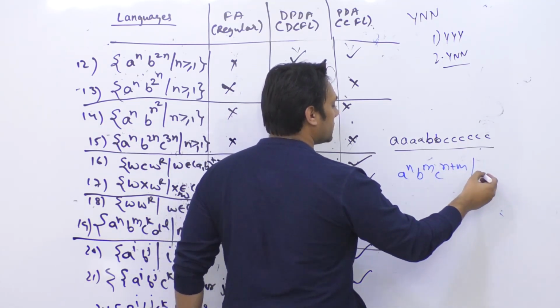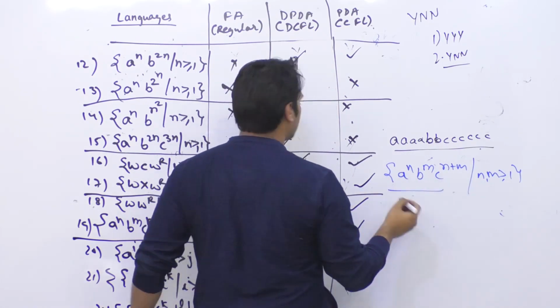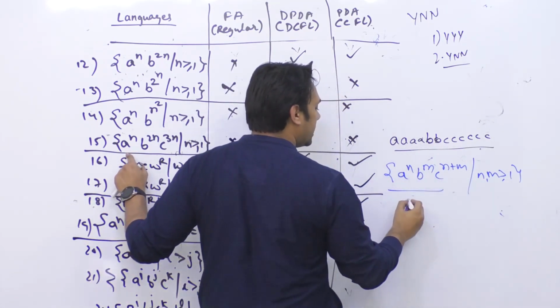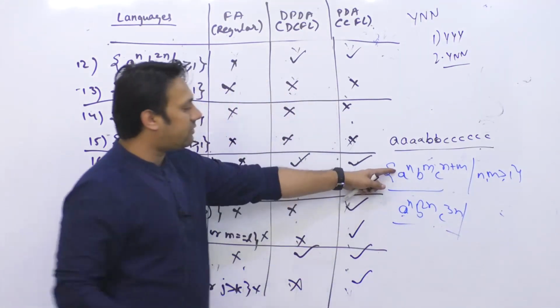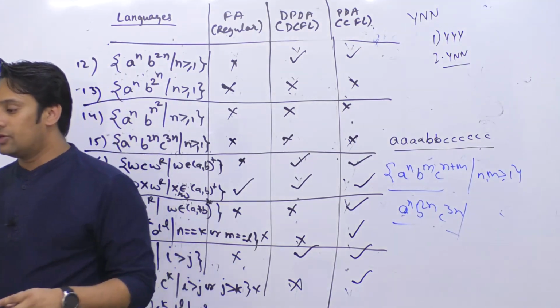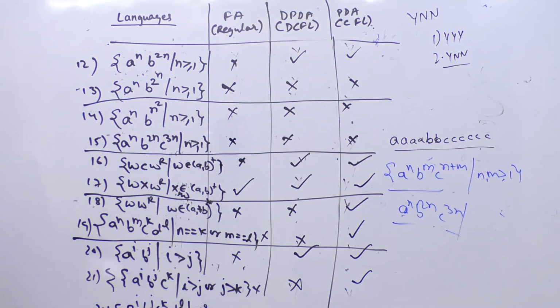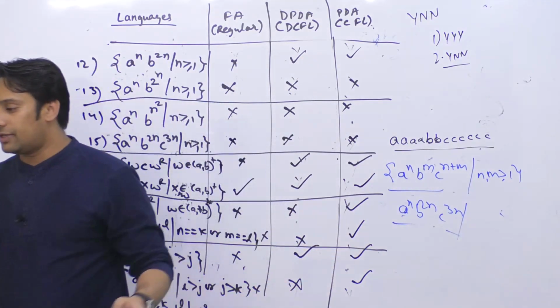So this is a different language. The strategy that you are giving me is for this language, and the language I have given is A raised power n, B raised power 2n, C raised power 3n. Both of these languages have different strings. So the strategy that you are giving me is for that language, it is not for this language. Is it clear?